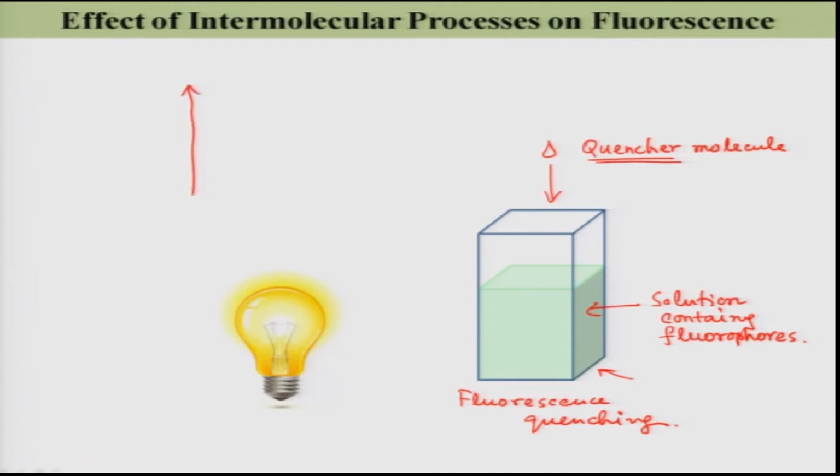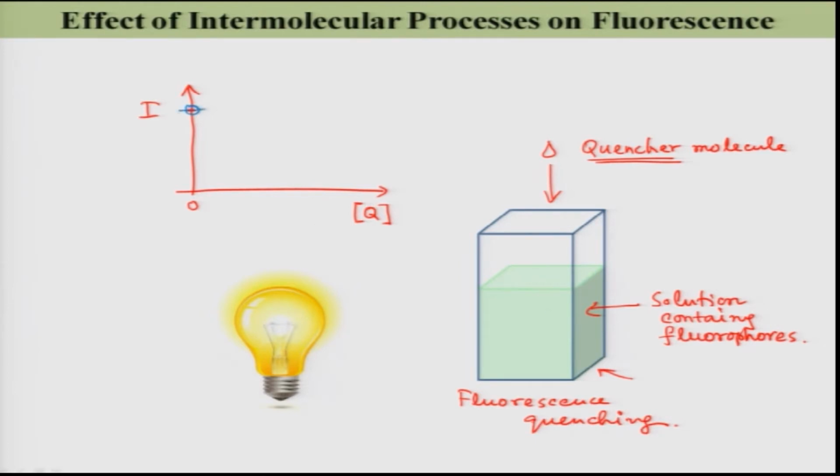On the y axis let me plot fluorescence intensity, simply denoted by I, and the x axis is the concentration of quencher. If the fluorescence spectrum is very strong, the intensity is very strong when there is no quencher, that means zero quencher. So, I will start from this point, and then as I add this quencher, as the concentration of the quencher increases in the solution, the fluorescence intensity will keep on decreasing.